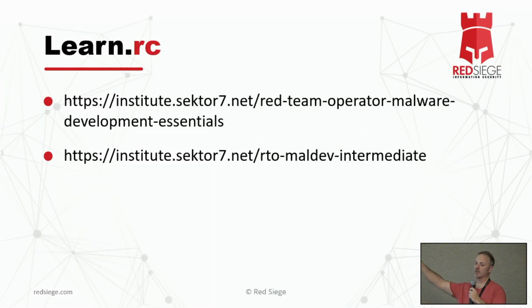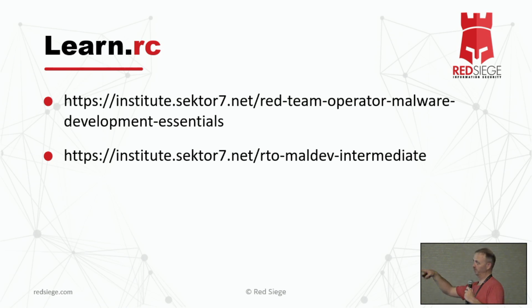A couple of resources. If you're not familiar with Sector 7 and their training offerings, I highly advise you to take these courses. I think they're $250, maybe $300 for the course. And I learned so much going through those courses. Those give you the techniques that you need for the second talk, how to get your shellcode running without getting caught.